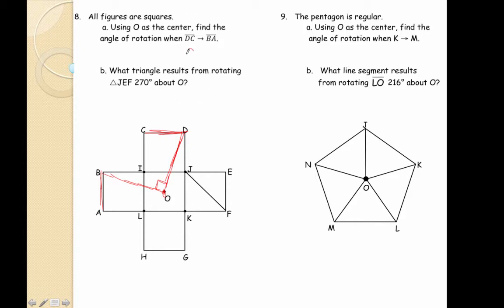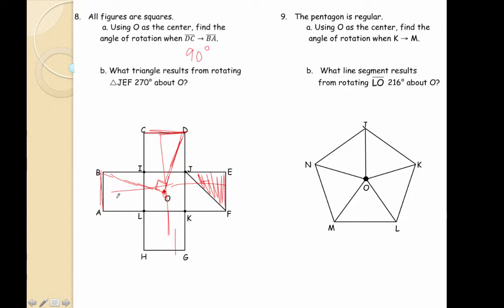So 90 degrees. And then what triangle do we get if we move this thing, JEF, around 270 degrees? Because this is kind of basically split in fours here, each of these is 90 degrees. So every time I move 90 degrees, I'll land on one of the other blocks.